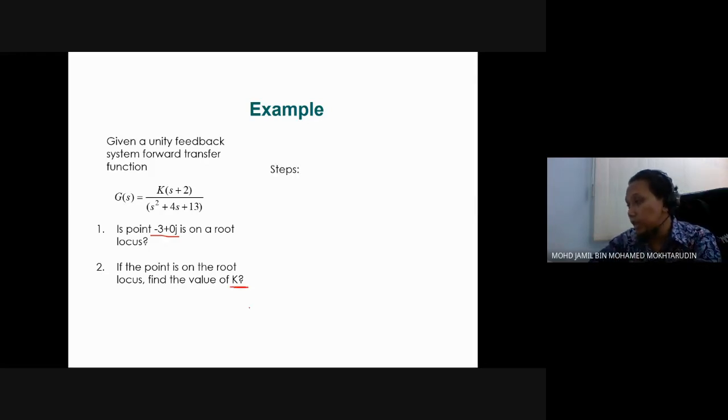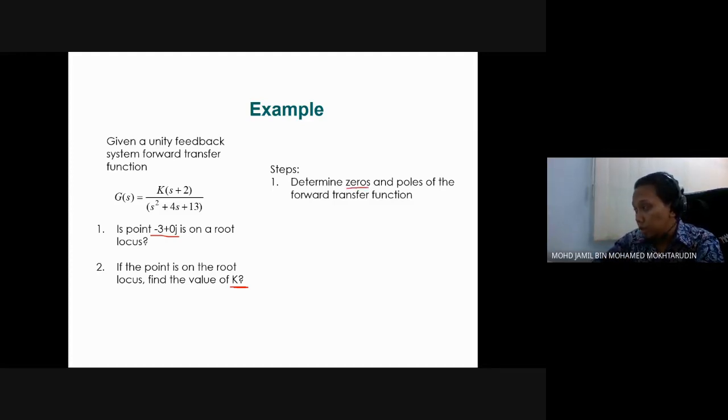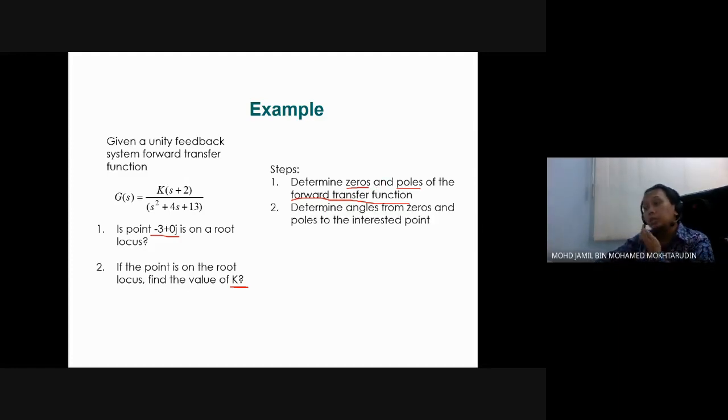The steps required to answer these two questions are, first, determine the zeros and poles of the forward transfer function. Secondly, determine the angles from zeros and poles to the point of interest.